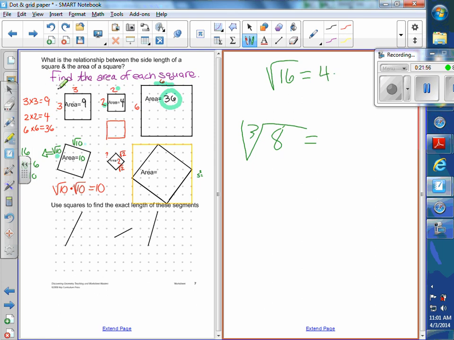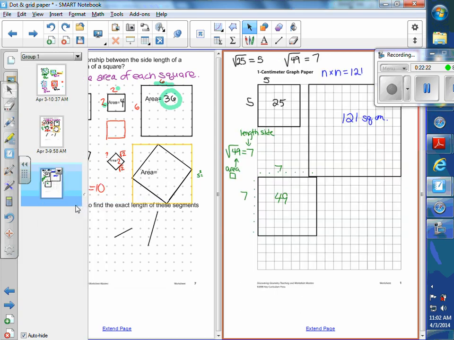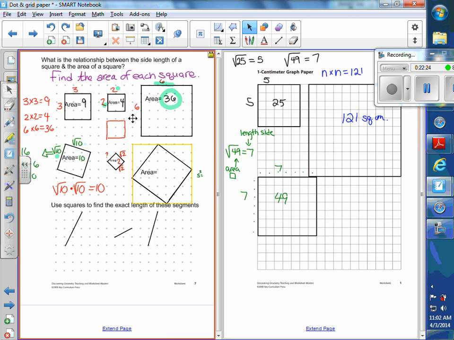So it's 4, because 4 times 4 equals 16. The cube root of 8 is 2 because you need the same number 3 times. 2 times 2 times 2 is 8. And true, you could do fourth roots and fifth roots. But we are going to get there later, but you're right. We don't want to get too far ahead of ourselves.